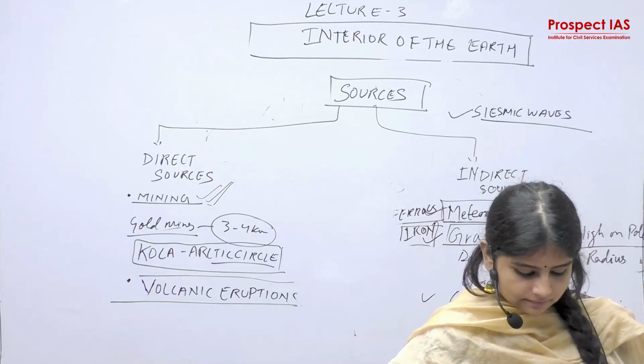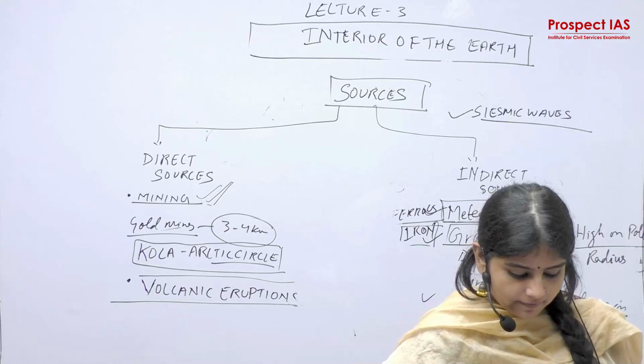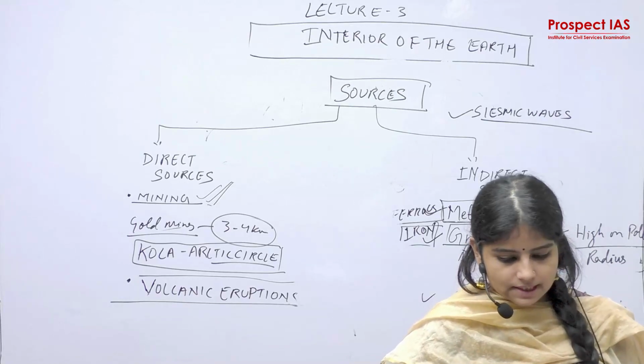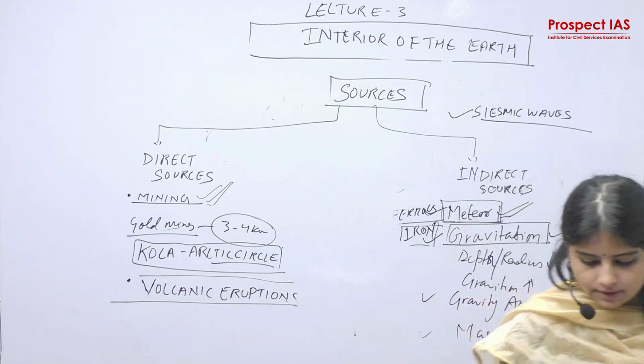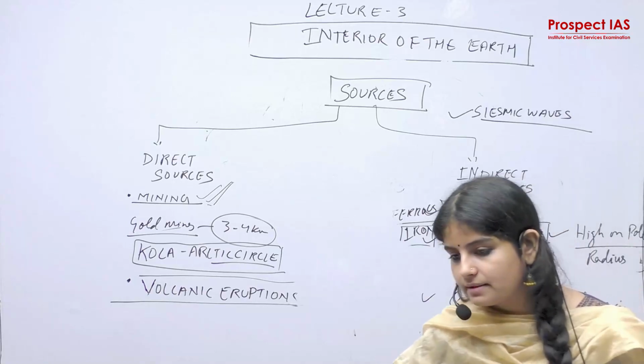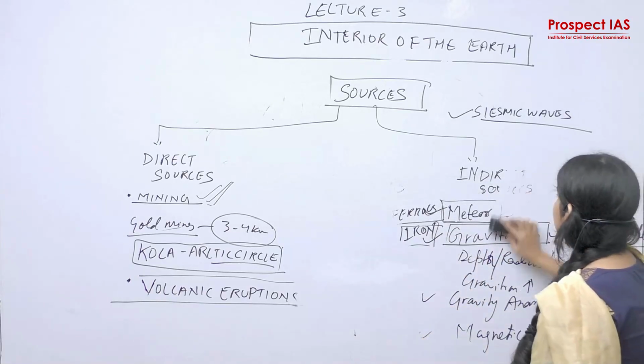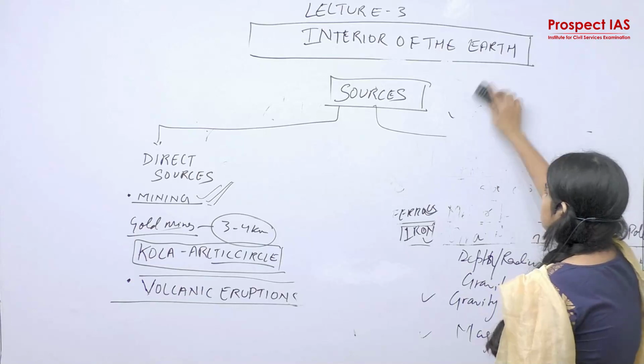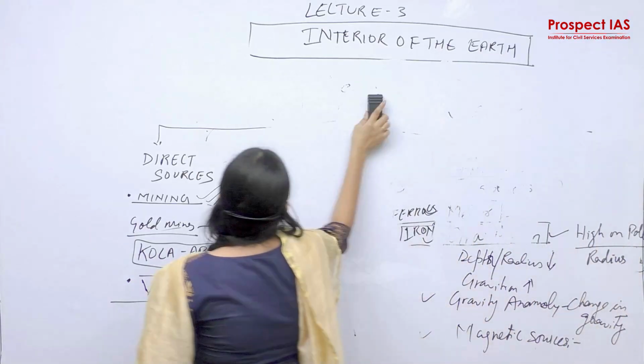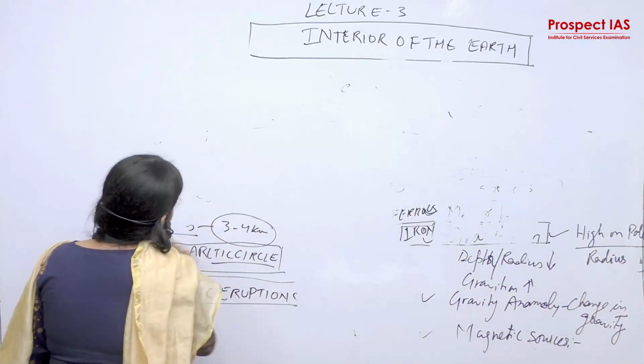After that, we have waves. So we need to discuss waves, the waves we were discussing in the indirect sources, that we need to understand the interior part of the earth. Then after that we will discuss the structure.